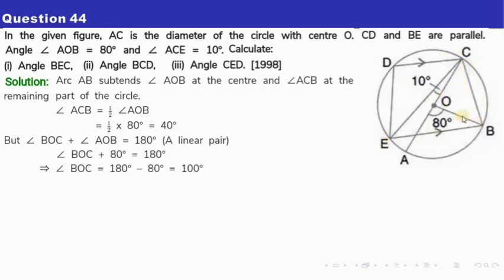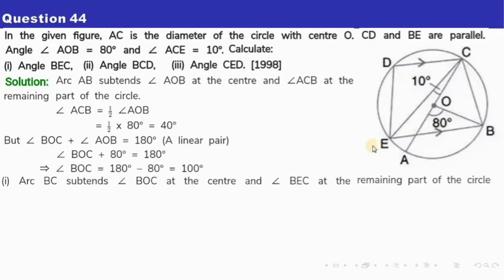So that's why this BOC will be double of BEC, or BEC is half of BOC. All right, so that's what is written out here. So BEC is half of BOC, and how much is BOC? BOC is 100. So from here this turns out to be 50. So that's why angle BEC will be equal to 50 degree. All right, so we don't have space here, so you may pause the video to note down this part.